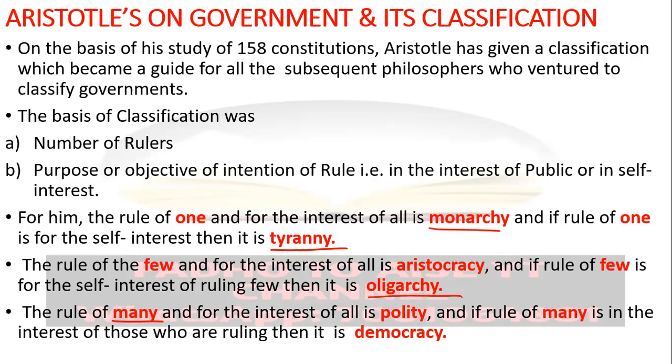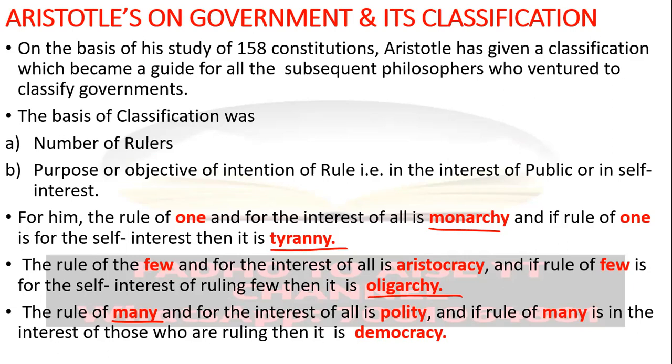And if many people are ruling the state, and they are ruling in their own interest, concerned only with themselves and not with the common interest or general interest of the public, then that is called democracy.